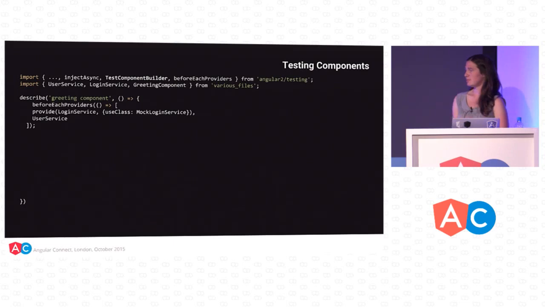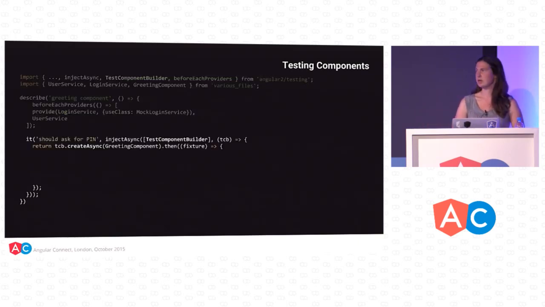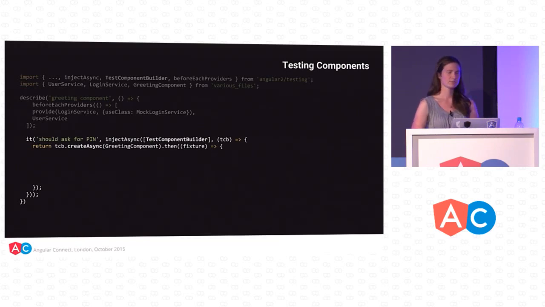So for testing components, the Angular testing library provides this TestComponentBuilder, which is set up in the test injector. And we just grab it using our injectAsync function. The TestComponentBuilder always returns asynchronously, so always use injectAsync when you're working with it.